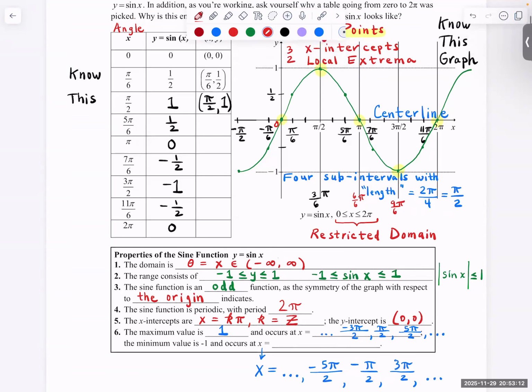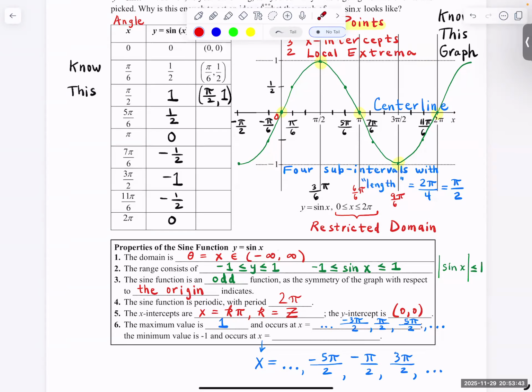The graph crosses the x-axis, and its x-intercepts occur at 0 pi, 1 pi, 2 pi, and these are integer multiples of pi, or k times pi, where k is an integer from the set Z, which includes 0. The y-intercept is the origin, at 0 radians, comma, function value of 0.